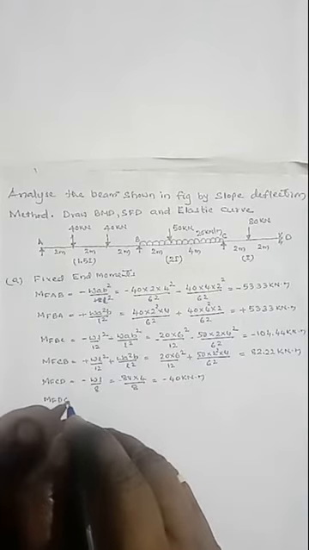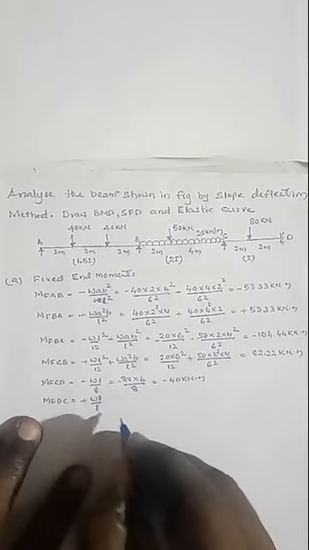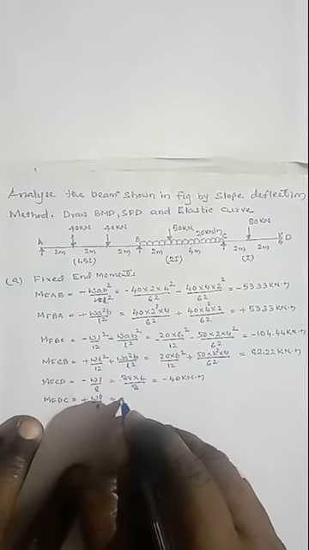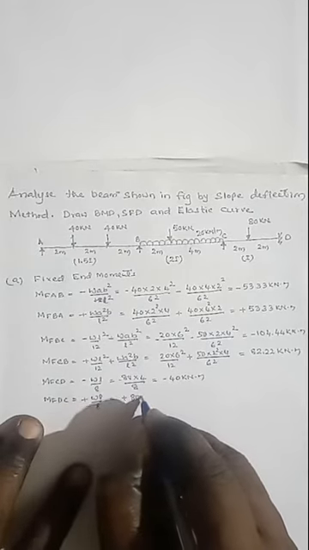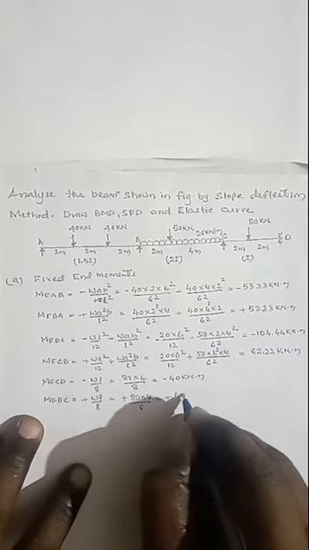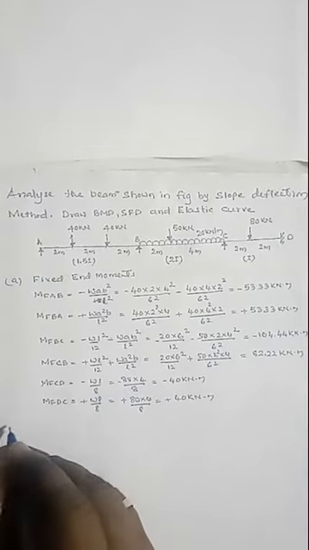MFDC equals plus WL by 8, that one is plus 80 into 4 by 8, that one is plus 40 kilonewton meter, that is positive or clockwise.